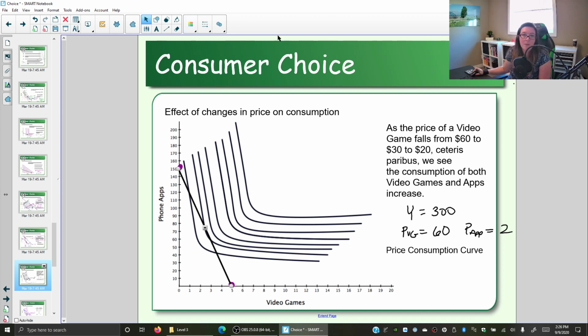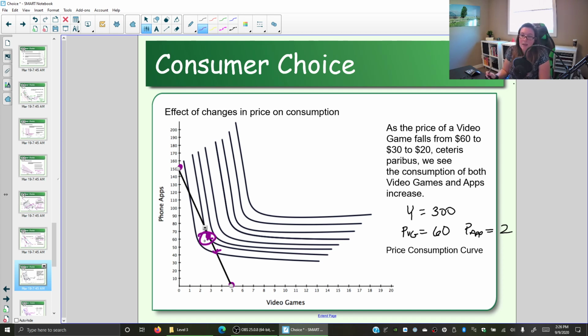We're looking for the optimal consumption point. Again, highest indifference curve that just touches the budget line. While we could choose this combination here, we could be happier. So we actually end up with our optimal consumption point there. Okay, so what is that?